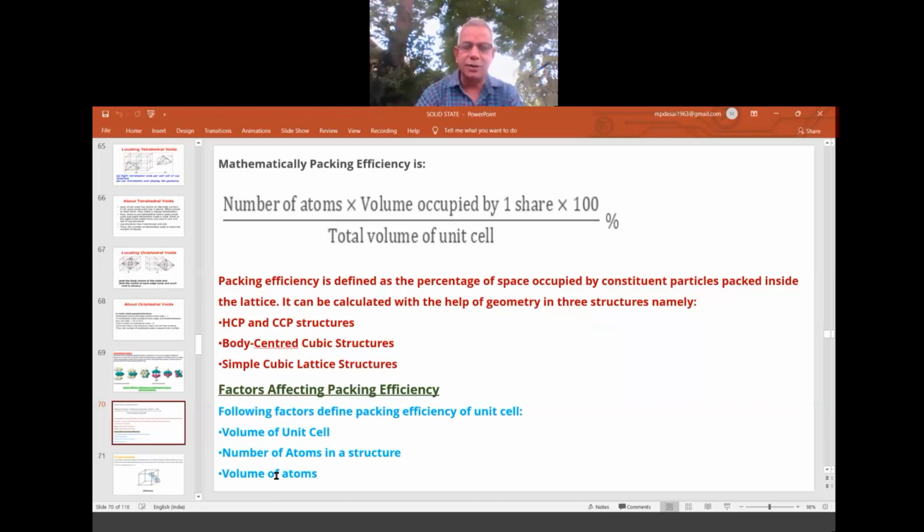Okay, right. So with this I am going to conclude today's session. Today we learnt packing in 1D, 2D, 3D. So A type, AB type, and one more, the third layer, ABC type. All those we learnt, and how voids are created, how voids are located.